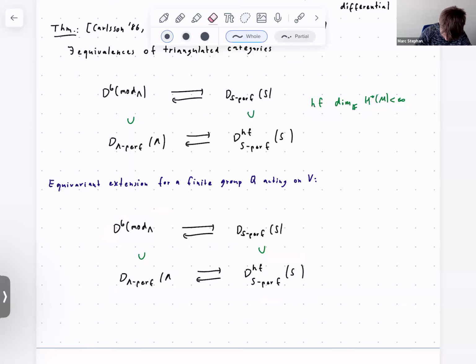So the reason I wrote all these perfect subscripts, and not already in the category somewhere, is that now it extends easily. So we can now just take the skew group algebras for lambda and S and add them here.